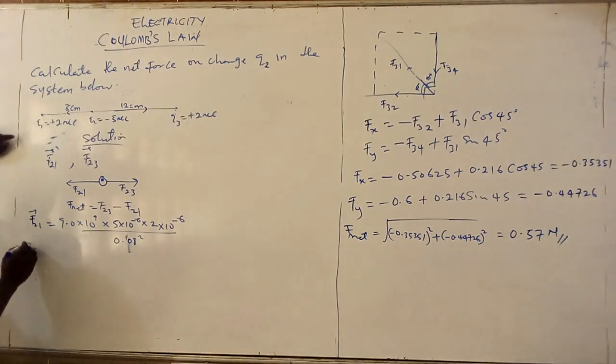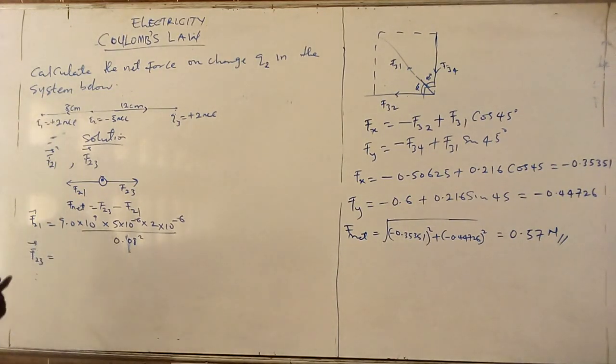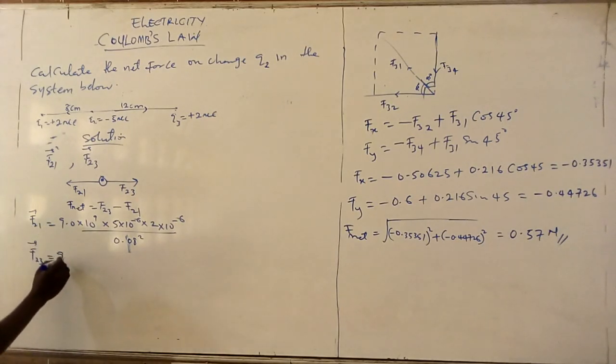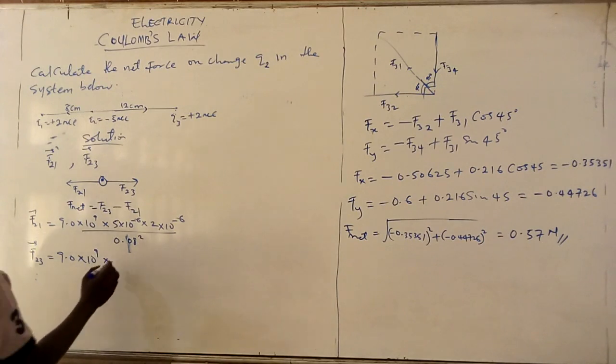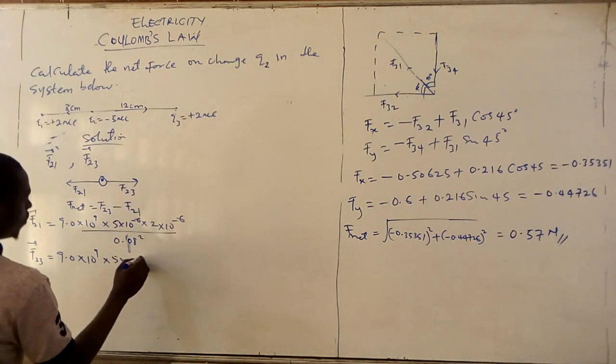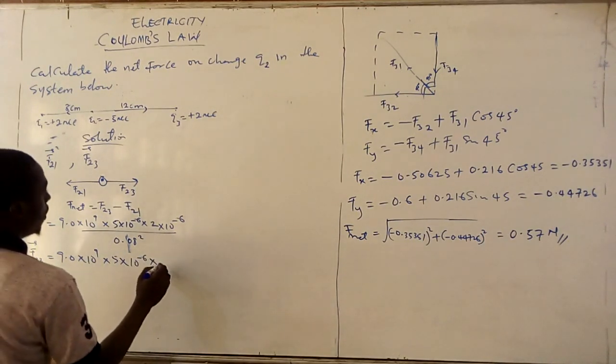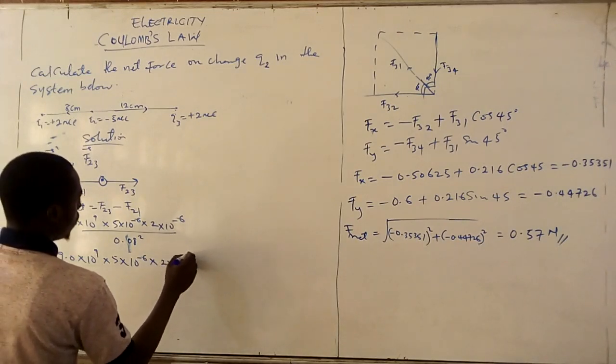Then F23, which is equal to what? 9.0 times 10 raised to power 9 times 5 times 10 raised to power minus 6 multiplied by 2 times 10 raised to power minus 6.